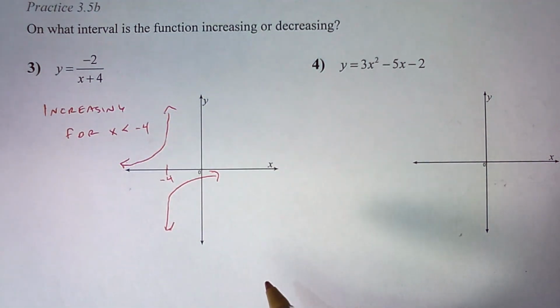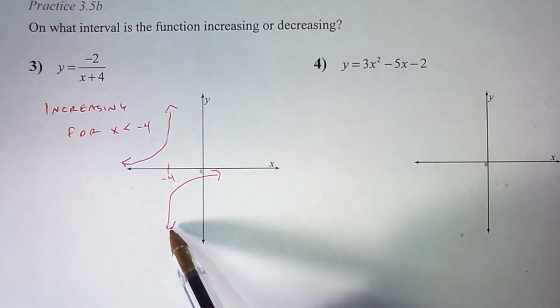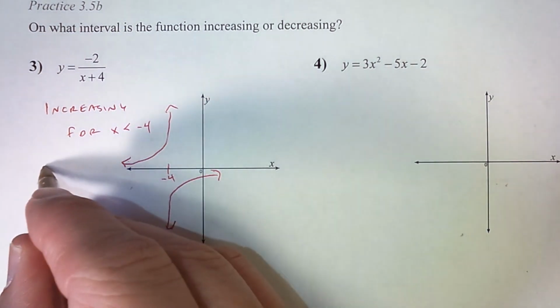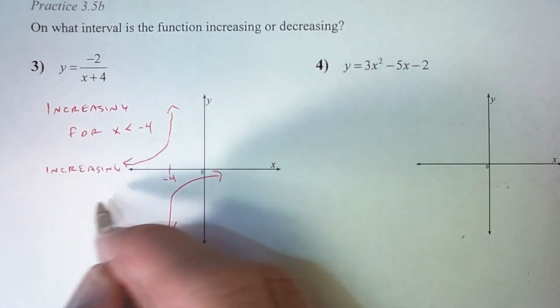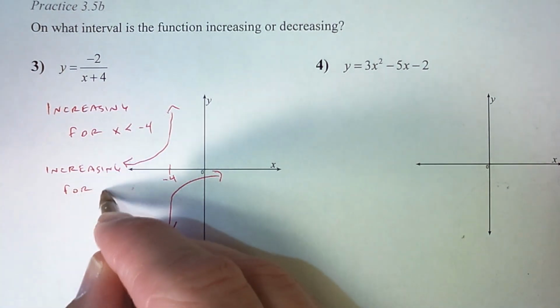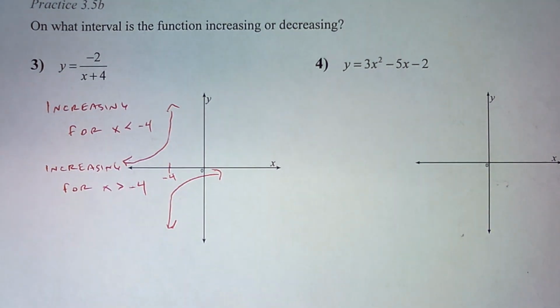Okay, so that's the first interval. Then at negative 4, it's doing nothing. So the next interval, it's increasing again. And it's increasing for x's that are greater than negative 4.